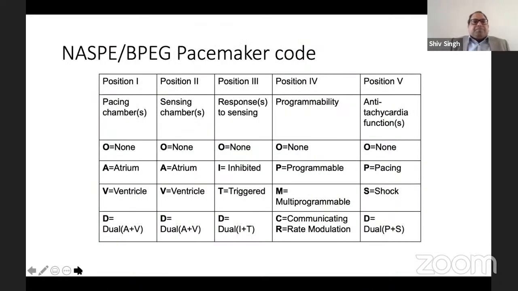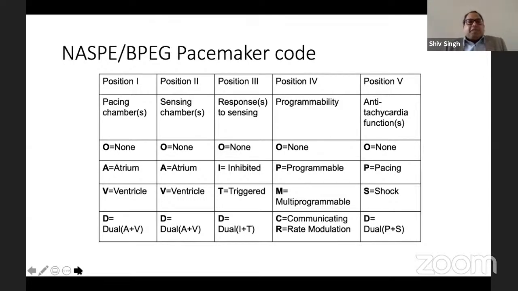This is the NASPE or BPEG pacemaker code, and the first letter is for pacing chamber, second for sensing chamber, third is response, fourth is programmability, and fifth one is anti-tachycardia function.